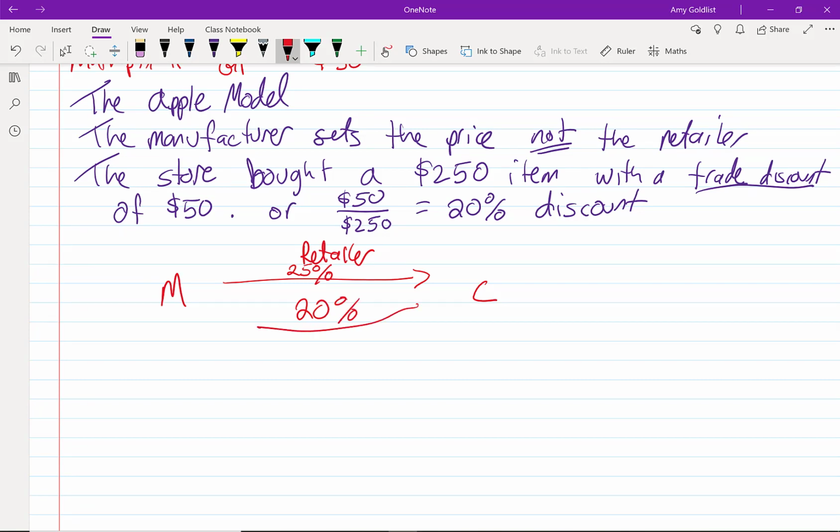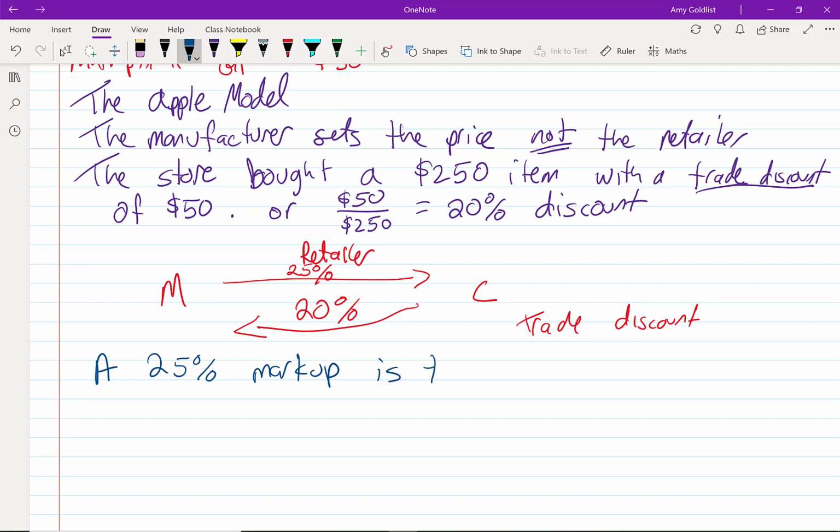And that is going the opposite direction. So, moral of this story is a 25% markup is the same as a 20% discount. That's how that trade discount works.